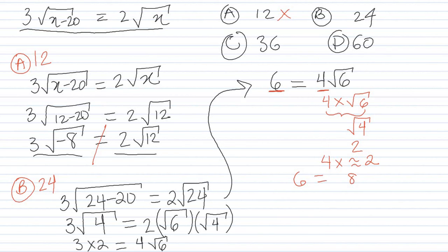There is no way that 6 is going to equal something greater than 8. The square root of 6 is not actually 2, it's going to be greater than 2. So something greater than 2 times 4 means it's going to be greater than 8. Therefore, 6 cannot equal this, and our answer of B, 24, is not going to be equal to this.